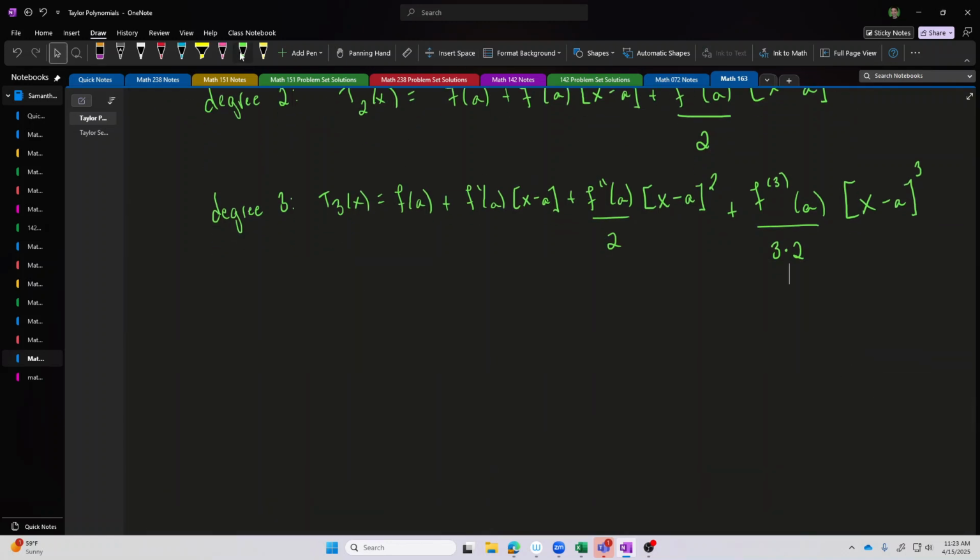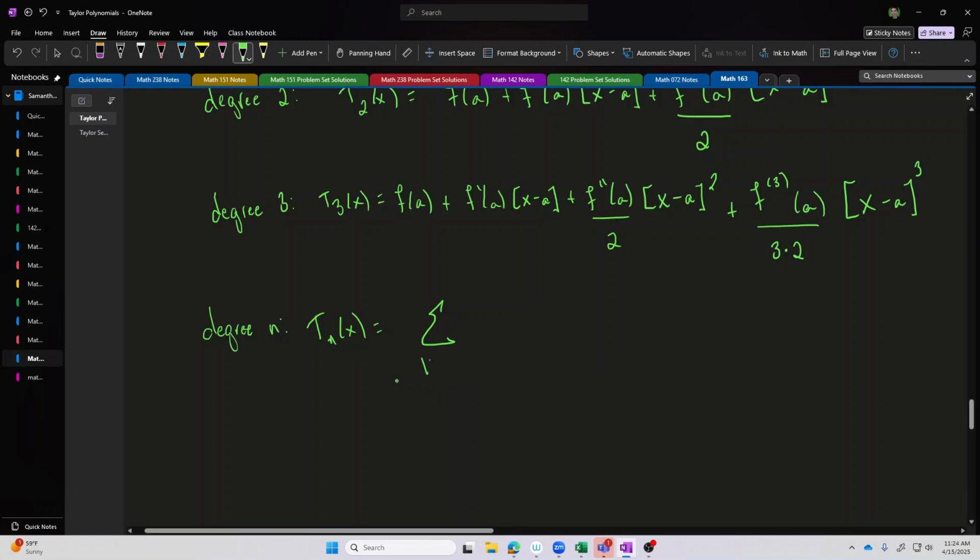In general, if you want to approximate a function using a polynomial of degree n, the formula for that is given by the sum. So I'm about to use summation notation from Calculus 2.